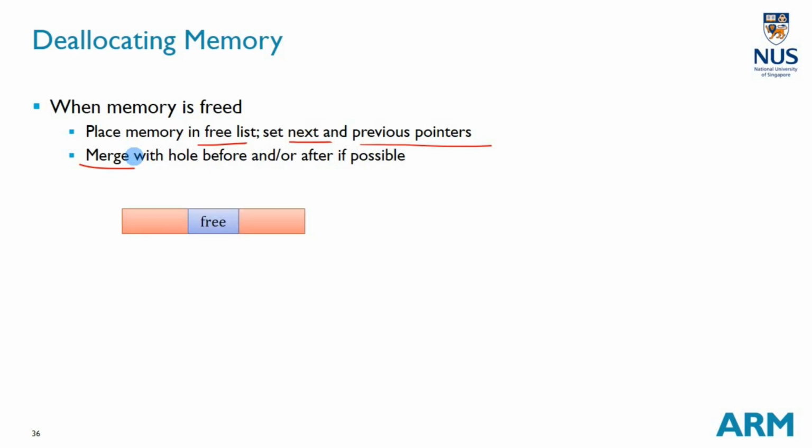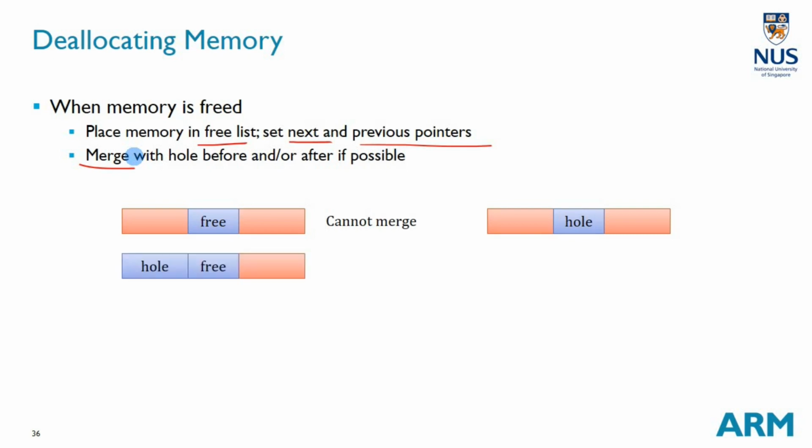For example, here I free up a memory chunk between two currently used slots. Since they're already used, I just free it up and call it a hole, but I don't merge it. In this case, originally I have a hole and then I do a free, so that means I can now merge with the hole before.